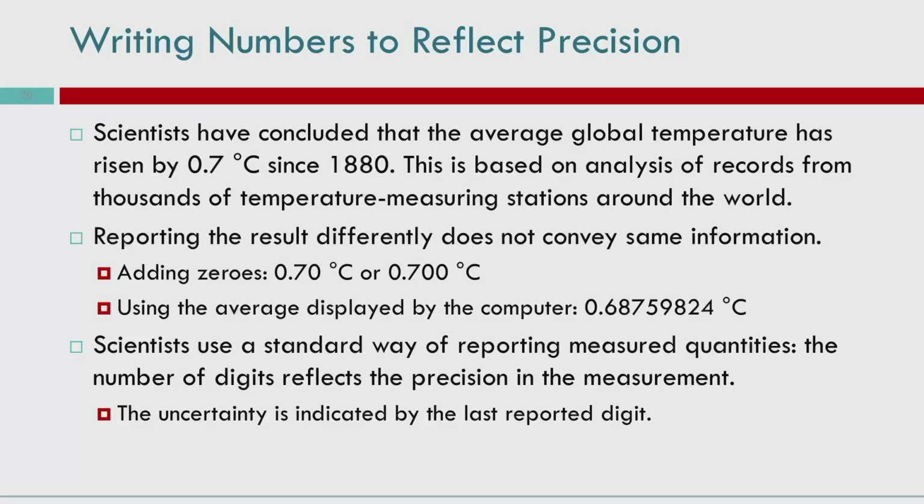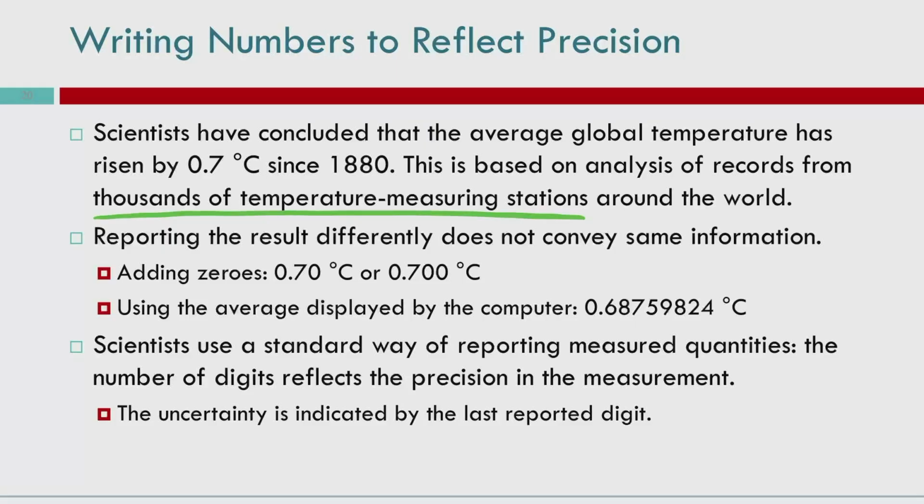And that's based on the analysis of records from thousands of temperature measuring stations around the world. So lots and lots of places around the world that have been measuring temperature every day or every so often, right? Making temperature measurements. They take all those records, compile them together. Some nerds do some data on it, some statistics. And they conclude it's 0.7 degrees Celsius, a little bit more than a degree Fahrenheit.